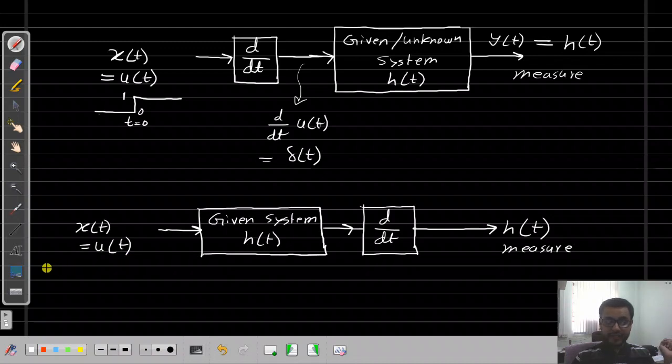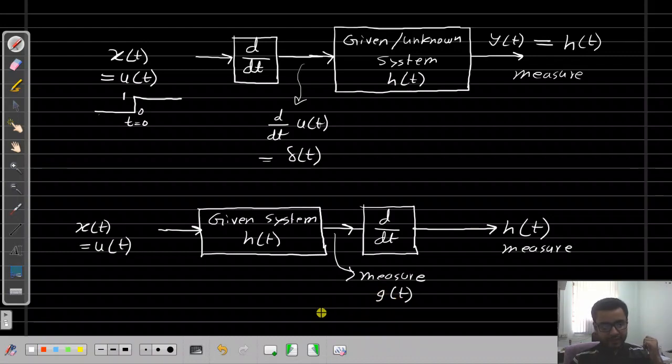And in the laboratory, it is easier to get a step function because there is no business of infinity. You can produce a more realistic step function easily. So if you give a step function here and measure this output and call it, say, g(t), I can give this g(t) a name.